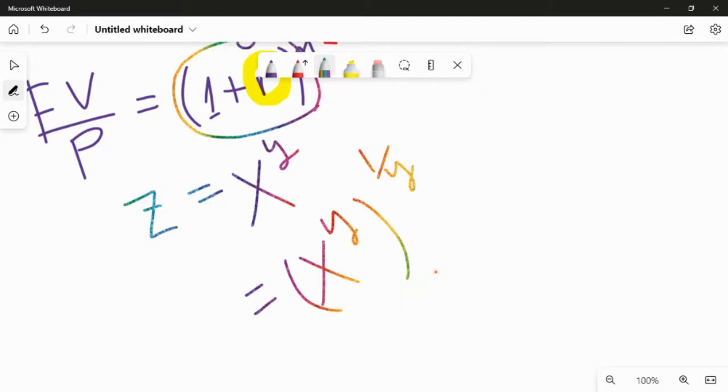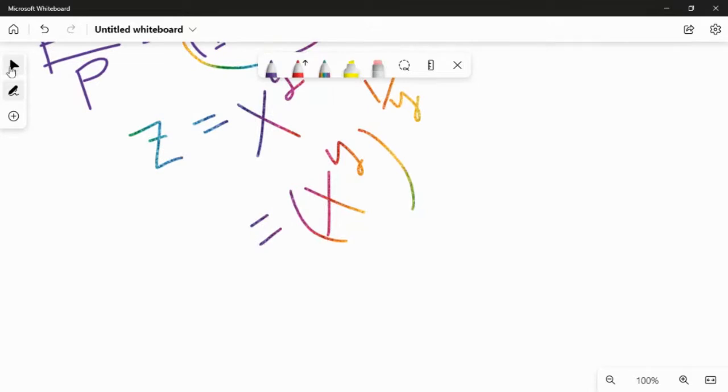Whatever we do to one side, we need to do to the other side as well. So what does that mean? That means we'll also have to take the 1 over y in the right-hand side. Okay?